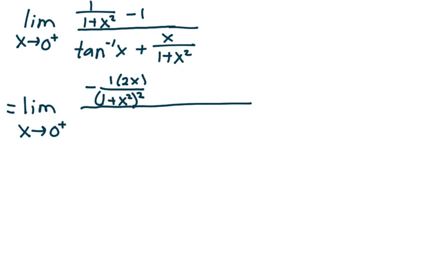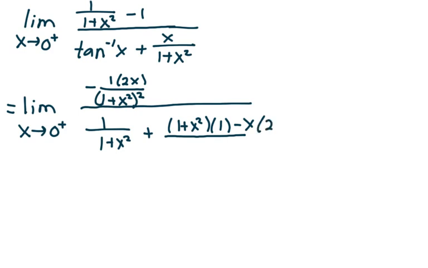The derivative of the denominator, okay, is 1 over 1 plus x squared plus, now I'm going to take the bottom function, which is 1 plus x squared, times the derivative of the top, which is 1, minus the top times the derivative of the bottom, which is 2x, divided by 1 plus x squared, squared.